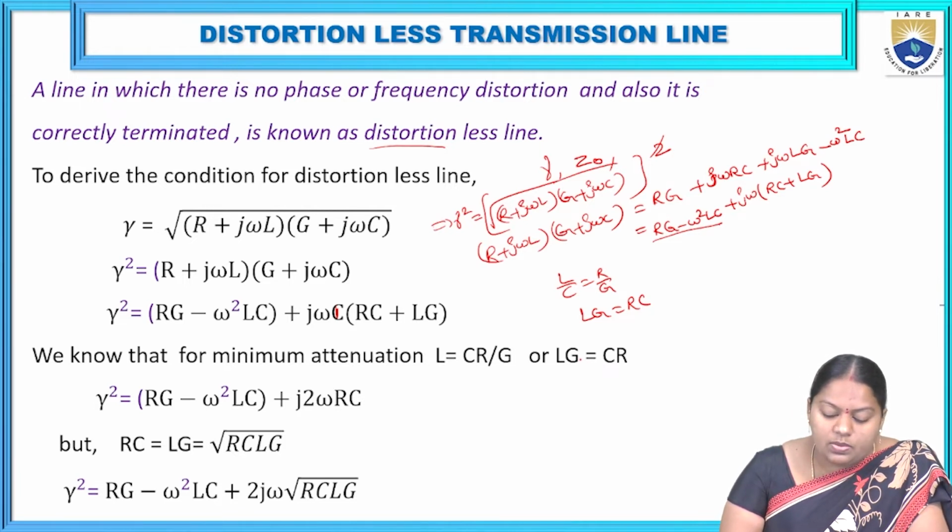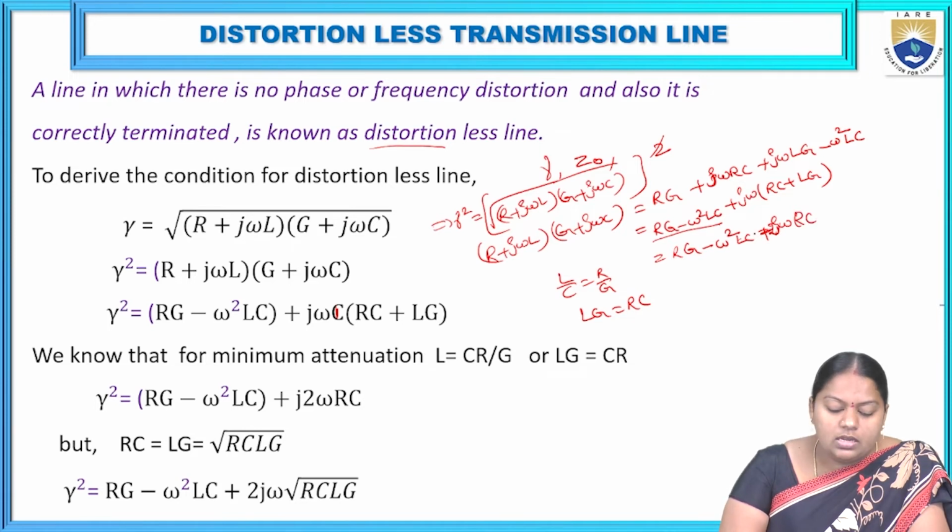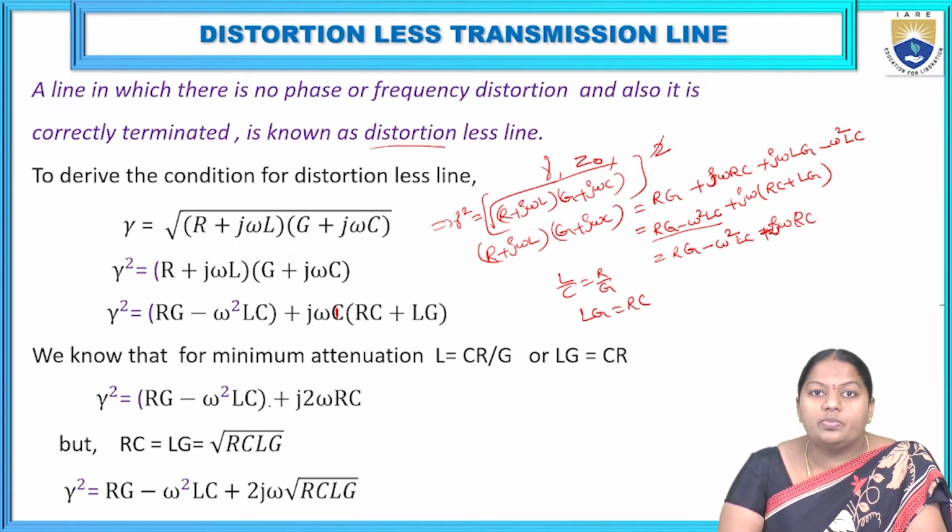Now, in place of Lg, if we substitute Rc, then it becomes Rg minus omega square Lc plus j omega into (Rc plus Rc), that is 2j omega Rc. So gamma square equals Rg minus omega square Lc plus j2 omega Rc.